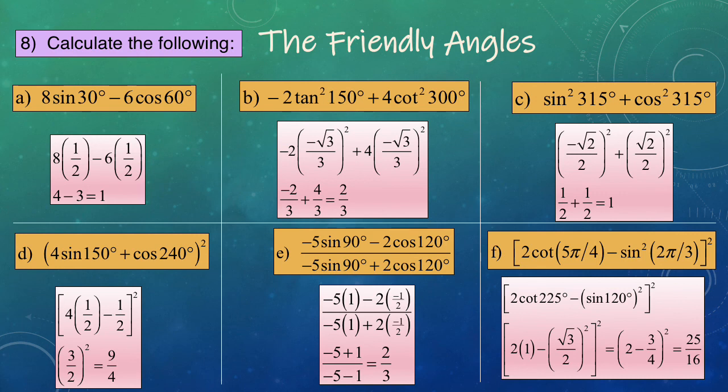Cotangent of 225 is 1. Sine of 120 degrees is square root of 3 over 2. So we have 2 times 1 minus the square root of 3 over 2 squared, quantity squared. This becomes 2 minus 3/4 quantity squared, which is 5/4 squared, or 25 over 16.